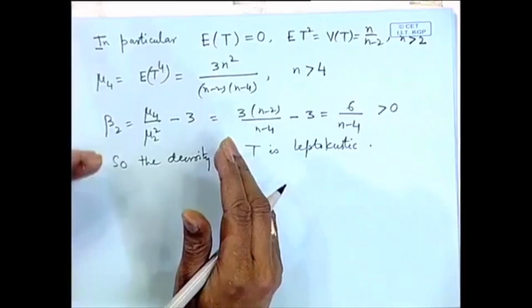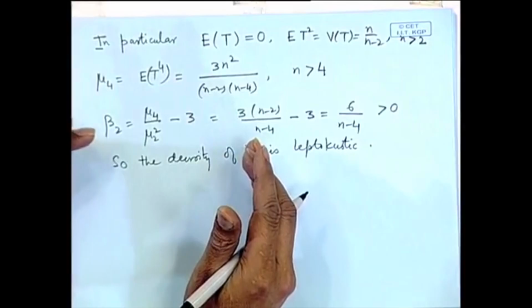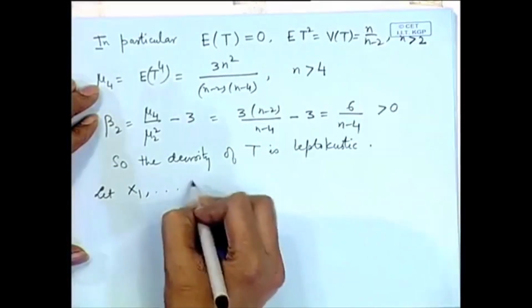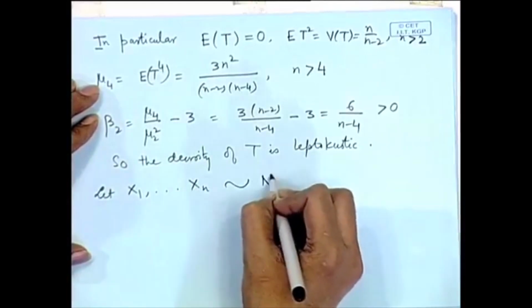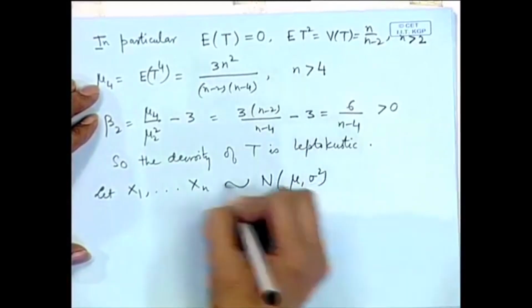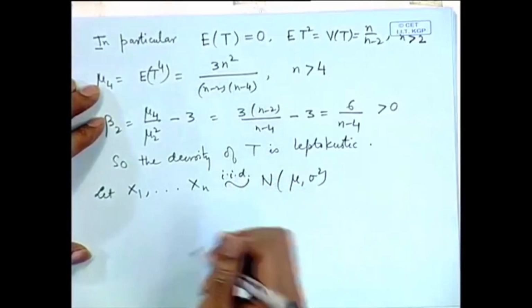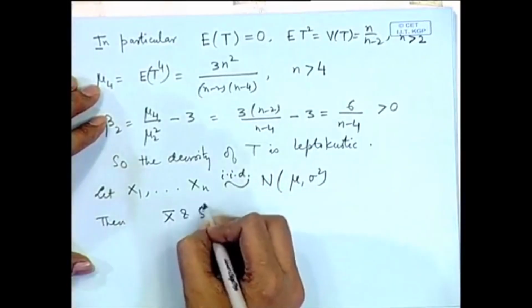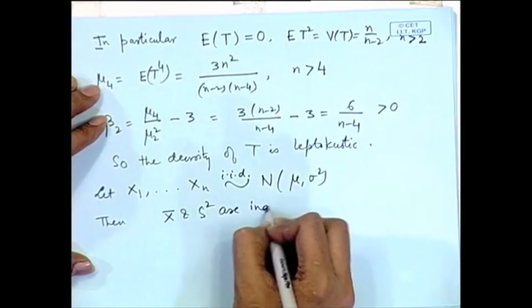So, whether we can represent t also in the same fashion. So, let us see, if I consider a random sample from normal mu sigma square distribution, then x bar and s square are independent, that we proved.